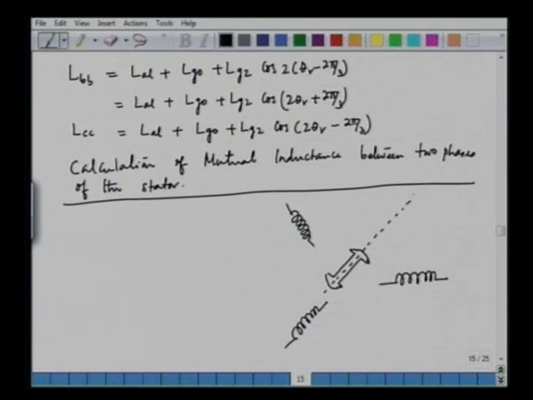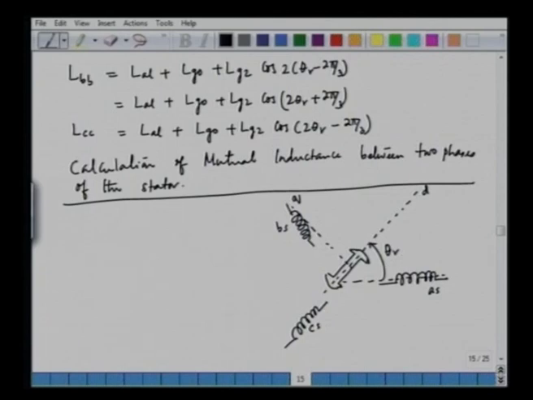This is the D axis. And this one is the Q axis. We have AS, BS, and CS. This angle that is obtained with phase A, this angle is theta r.